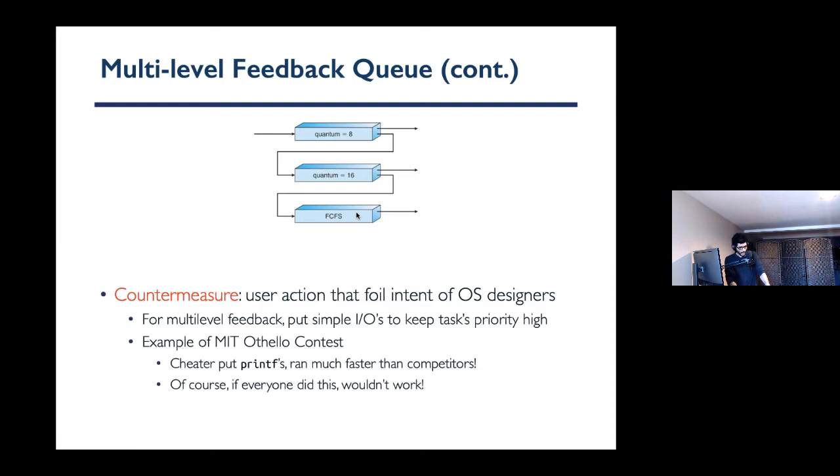Now, the part that I wanted to talk about, which is kind of interesting and related to my research when I was a PhD student, is mechanism design, really. When it comes to scheduling, you have to consider the incentives that your scheduler gives the tasks in the system. For instance, let's start with an example with Lab 2.